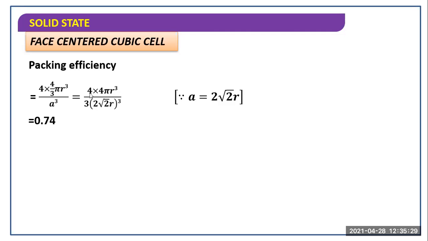So this is the calculation for packing fraction, and in percentage, 74% is packed, and the void fraction is 0.26, so we can say 26% is void or empty space.